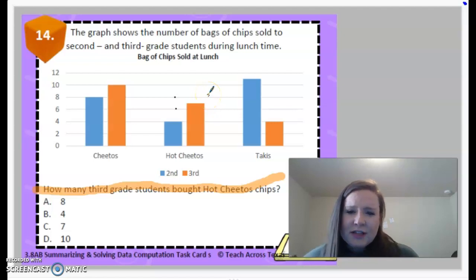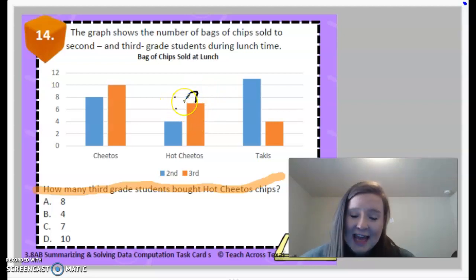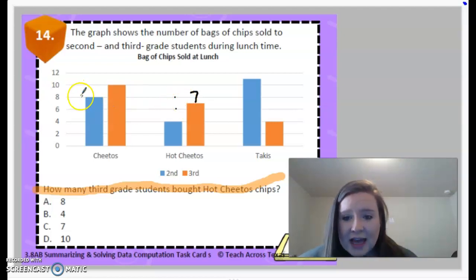So how many students bought Hot Cheetos? Good, it's going to be 7 students because 7 is directly between 6 and 8. Okay, so you got to pay attention. Just like this one lands perfectly on the line, so that's 8.